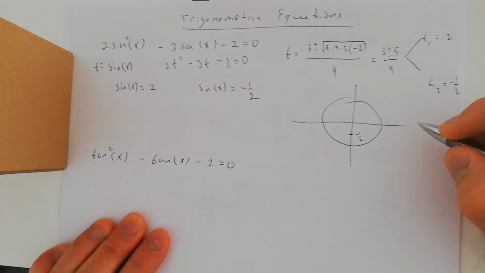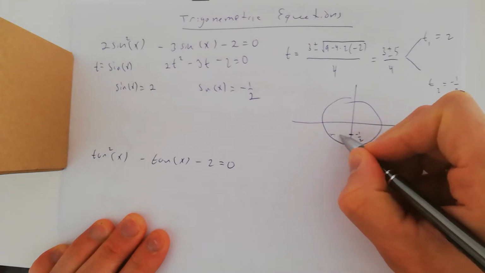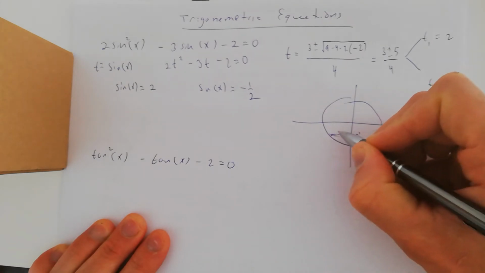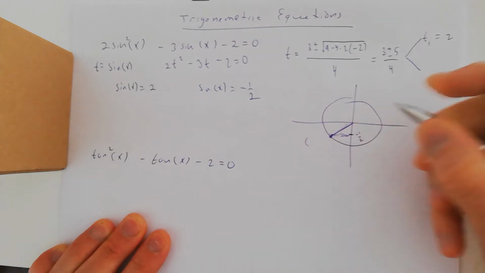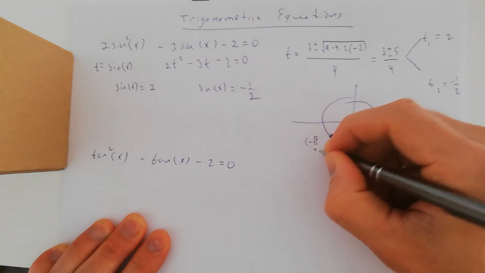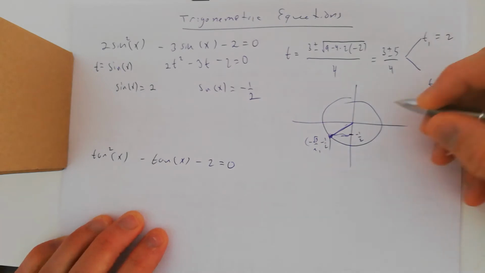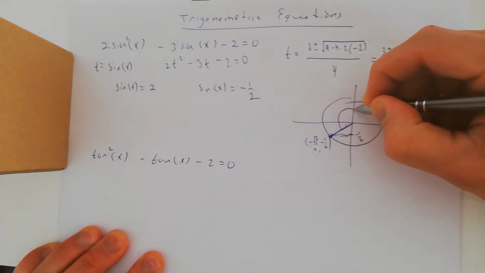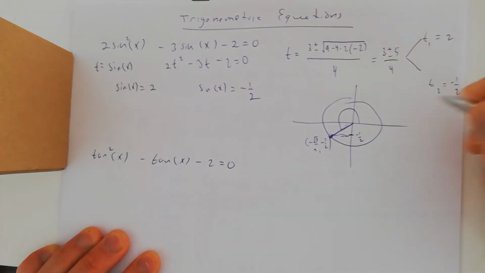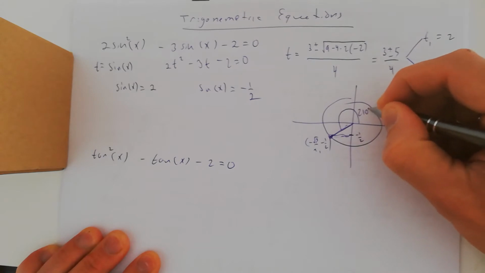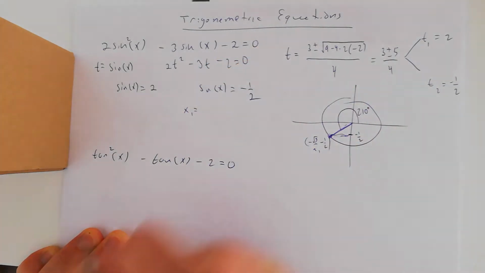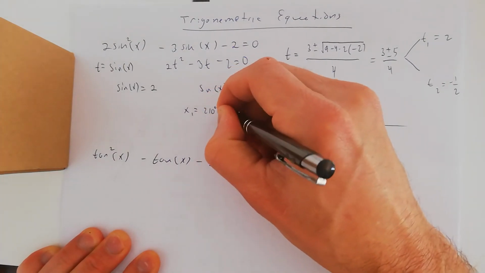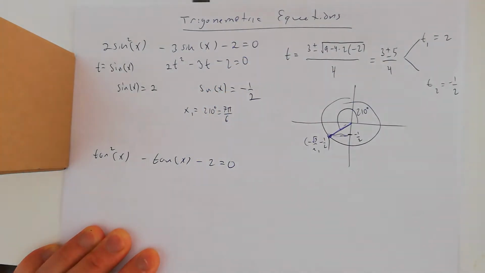For what angles is the sine minus 1 half? There is one angle here, this point that is minus root 3 over 2 comma minus 1 half, and of course this is the angle. This angle is 210 degrees, and therefore x1 is 210 degrees or 7 pi over 6 radians.